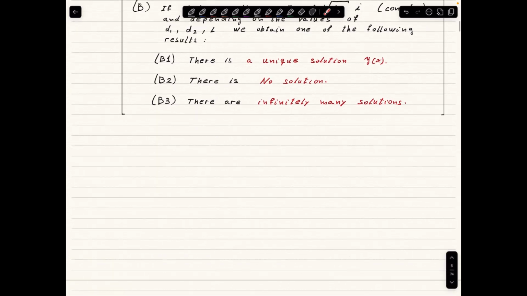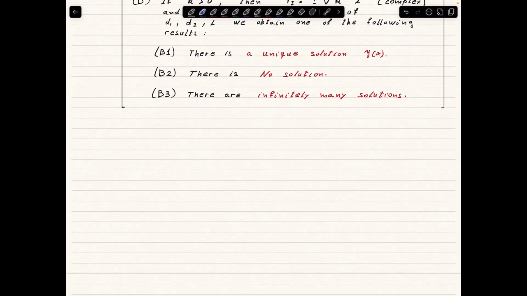Okay, let's prove this theorem, proof, only for Dirichlet boundary conditions. The other part is left as an exercise.